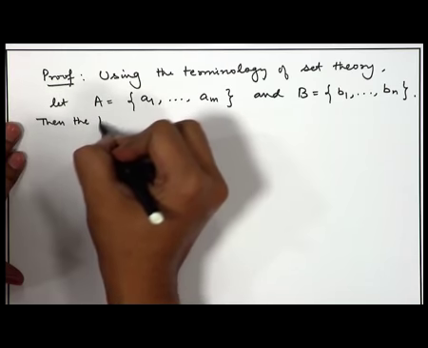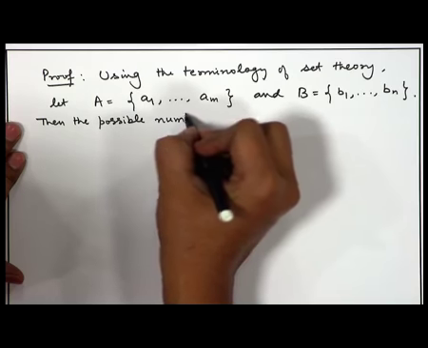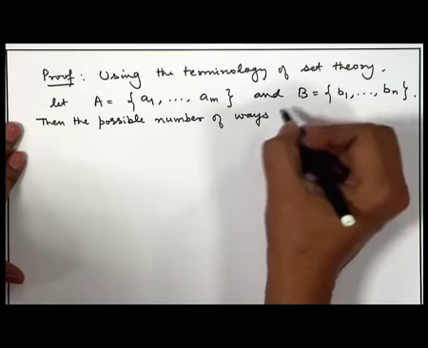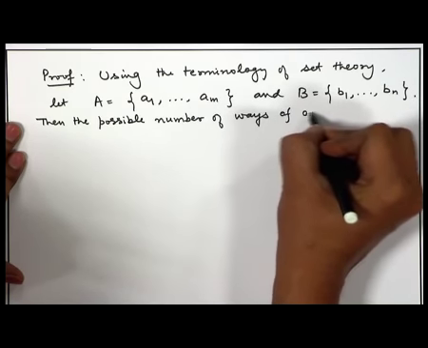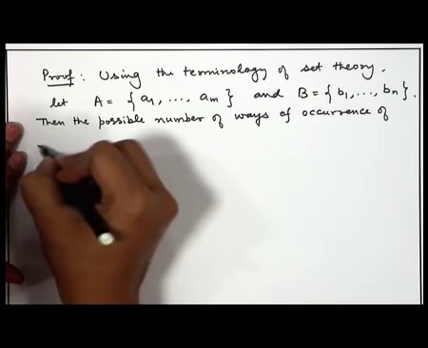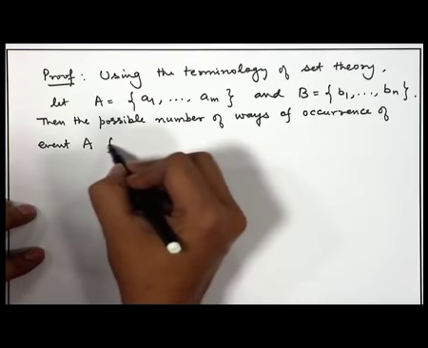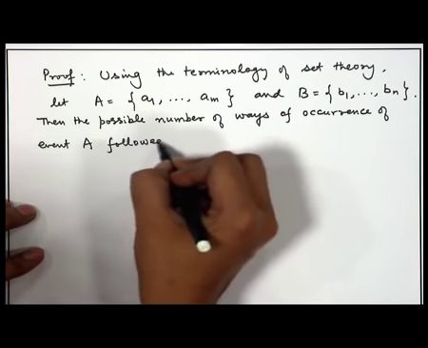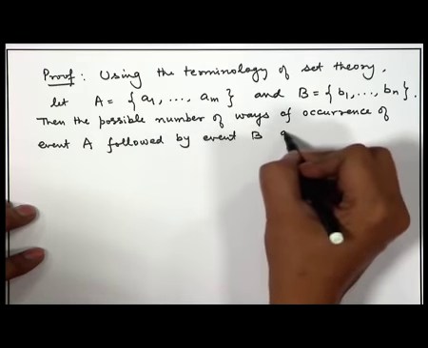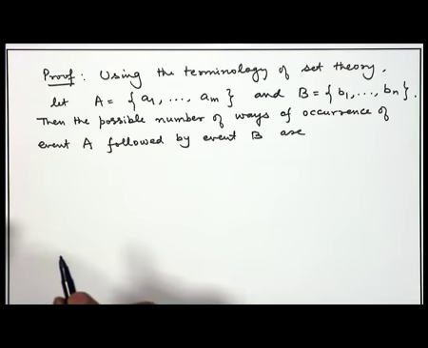Then the possible number of ways of occurrence of event A followed by event B. So, you can describe it in the form of ordered pairs.